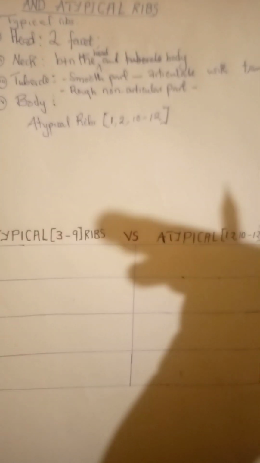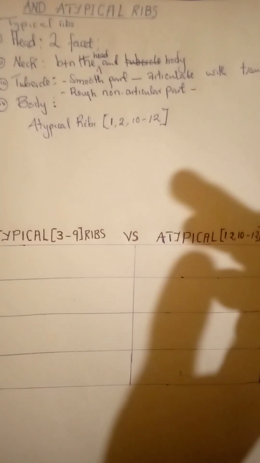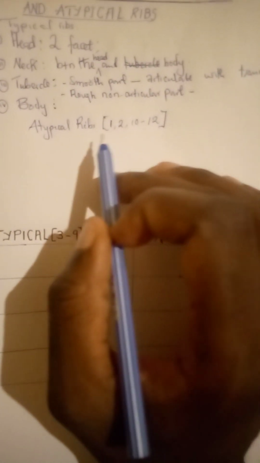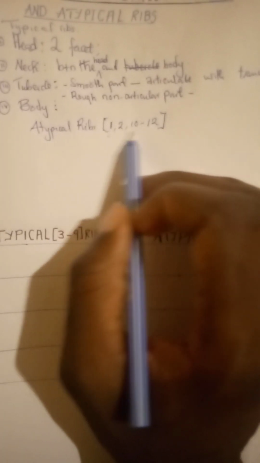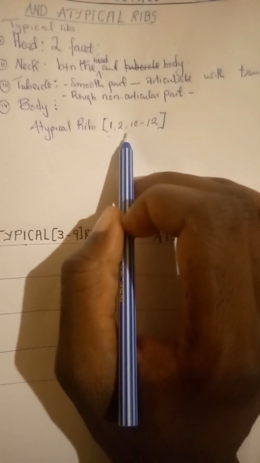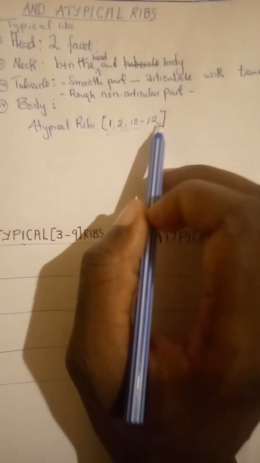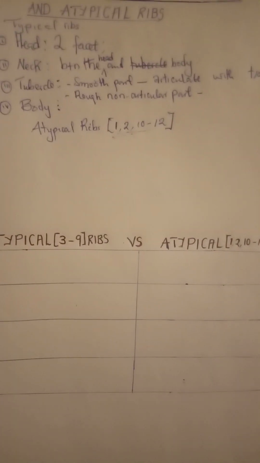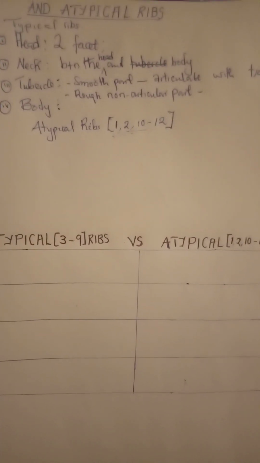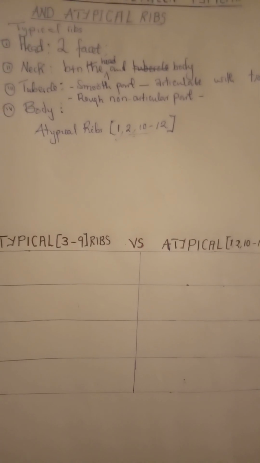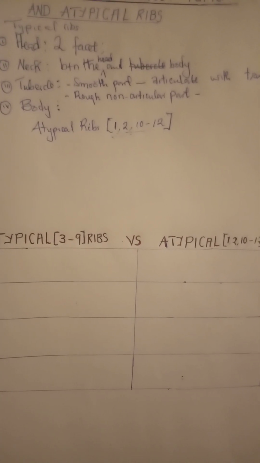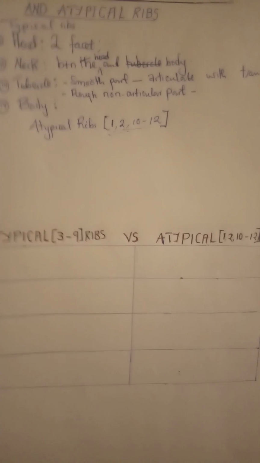As I said, this depends on the type of book you are using, but for me, the book I was using classifies these as rib 1 and ribs 10 to 12. Now, these are not similar.